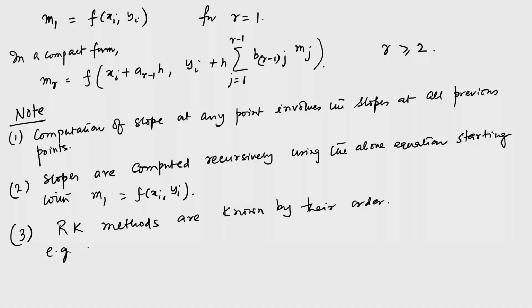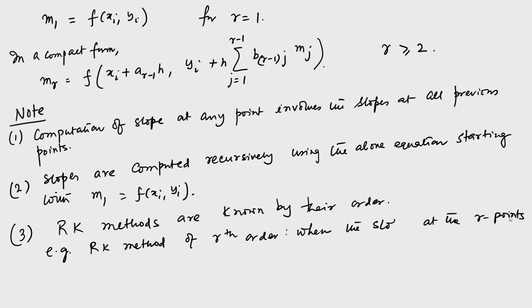So, this is, for example, an RK method of rth order when the slopes at the r points are used to construct the weighted average slope m.